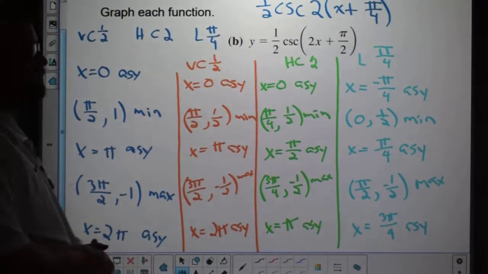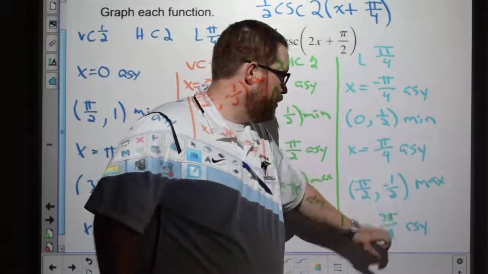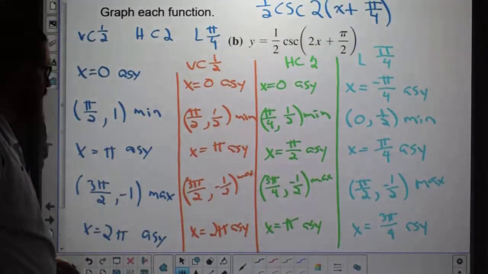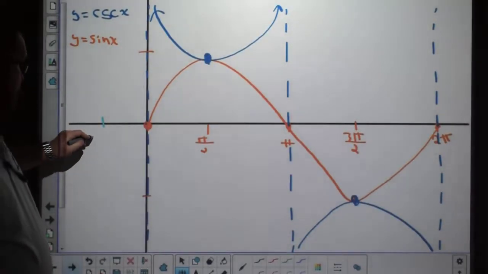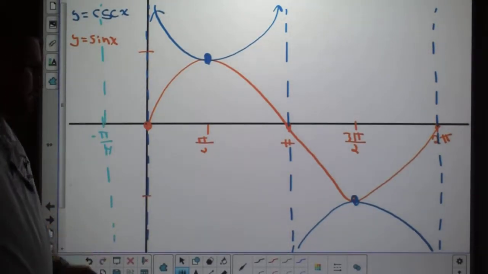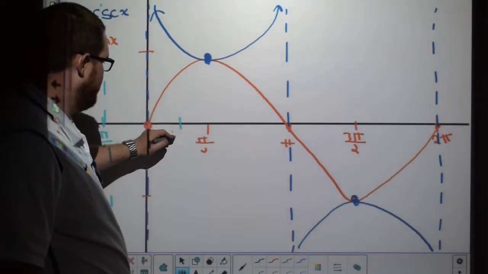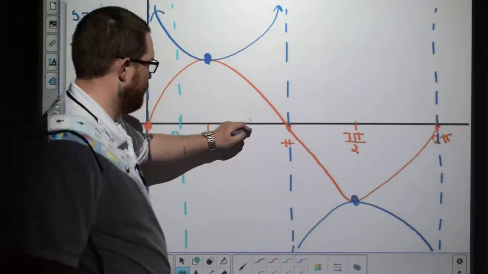So let's go do the asymptotes. The asymptotes are negative pi over 4, pi over 4, and 3 pi over 4. So, negative pi over 4, pi over 4, 3 pi over 4.